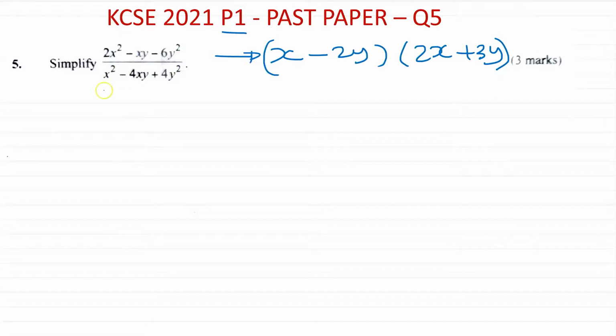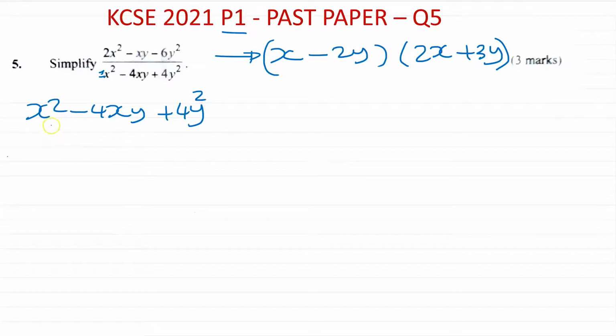Now let's do the bottom expression. That should be easy because the coefficient of x squared here is just 1. If we do 1 times 4, it will just give us the same. Anyway, we're going to factorize this one now: x squared minus 4xy plus 4y squared.